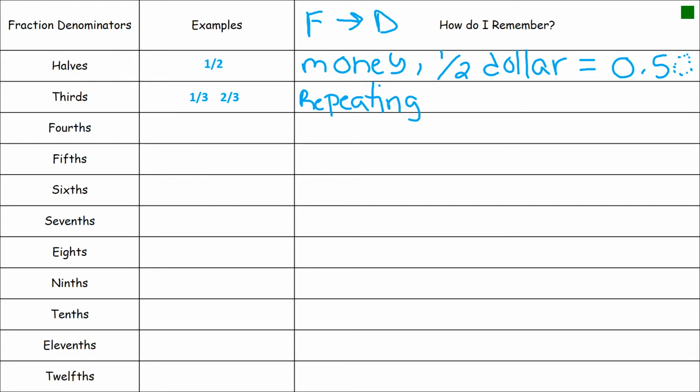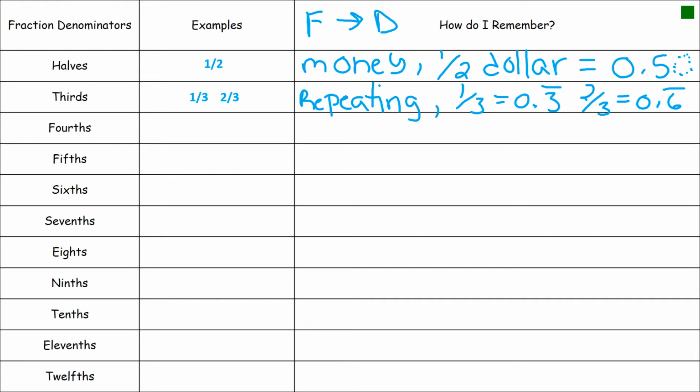And that is 1/3 is 0.3 repeating, so you draw that bar over the 3 to show that it repeats, and 2/3 is 0.6 repeating, and you draw that bar over the 6 to show that they're repeating. So some of these are also more common. You're probably more likely to memorize them because you've seen them more frequently.